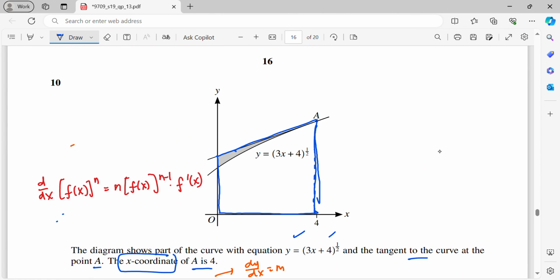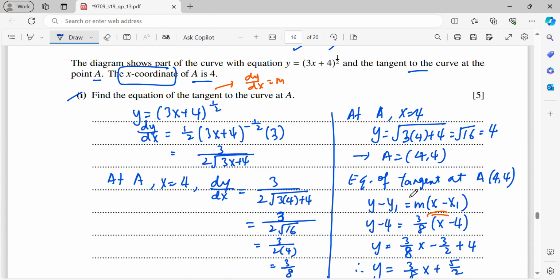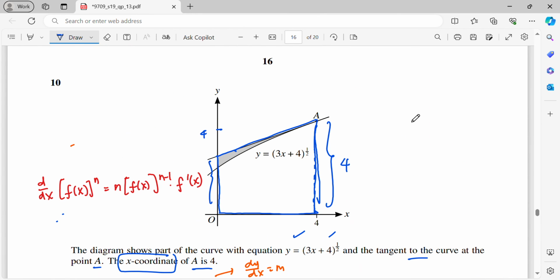That means here is 4. I just need to find out what is this length and this height. Because we have found the gradient of the tangent just now, you can easily find this. Then find the area of the trapezium, then you minus the area under the curve. Then that will be the area of the shaded region.